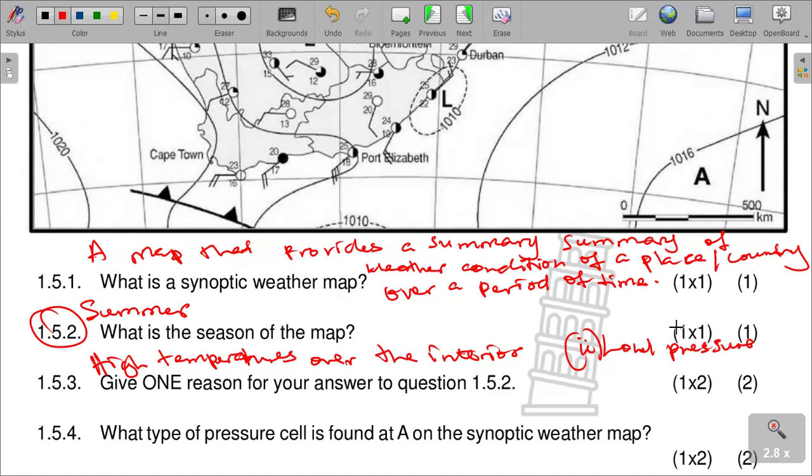We have a low pressure cell over the interior of the country. As you can see on the map, the low pressure is over the interior of the country.